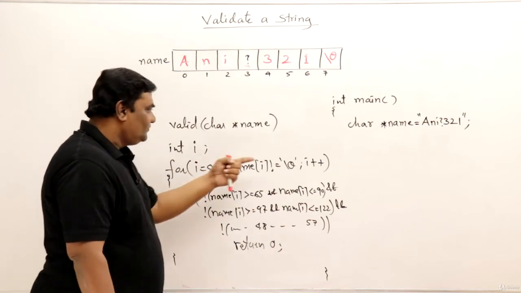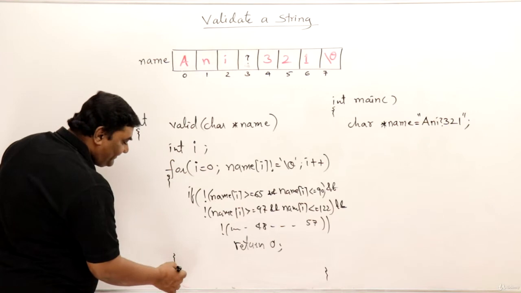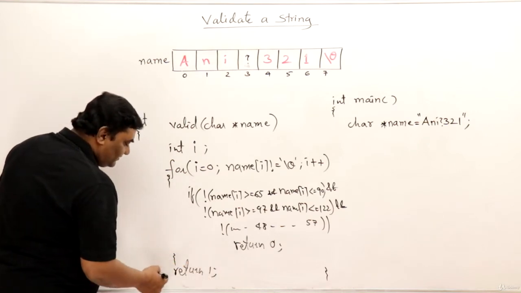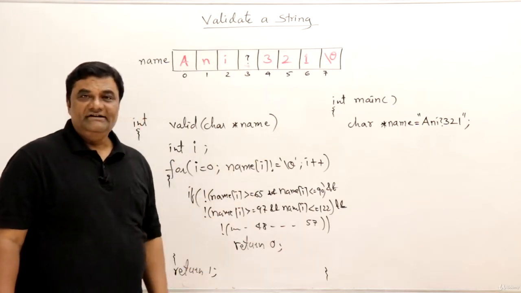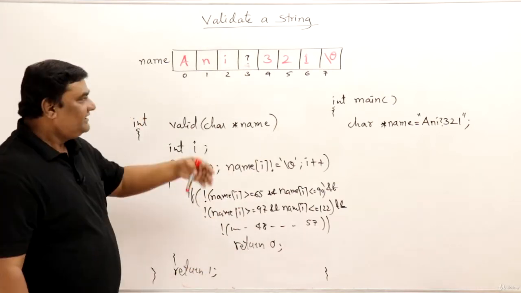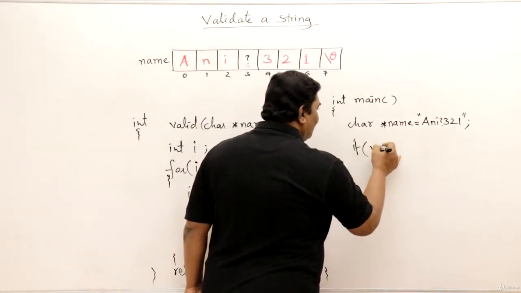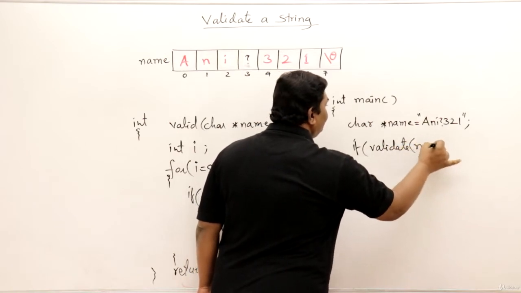Otherwise, if I have come out of the loop by reaching the end of the string, then everything was perfect. So return 1, return true. That's it. So this is the validation function. Now inside the main function, I will write if validate, send name.